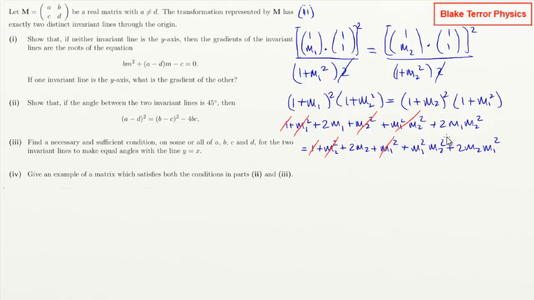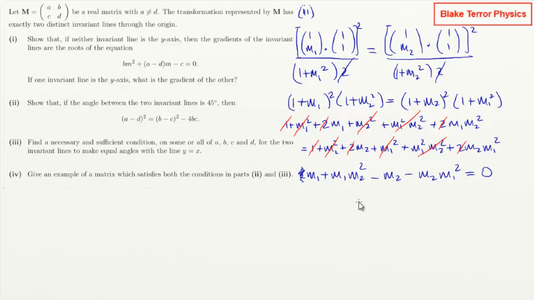Oh no, that goes and that goes. So I'm left with 2m1. I can get rid of all these 2's as well. And I've got an m1 plus m1 m2 squared minus m2 minus m2 m1 squared equals 0.